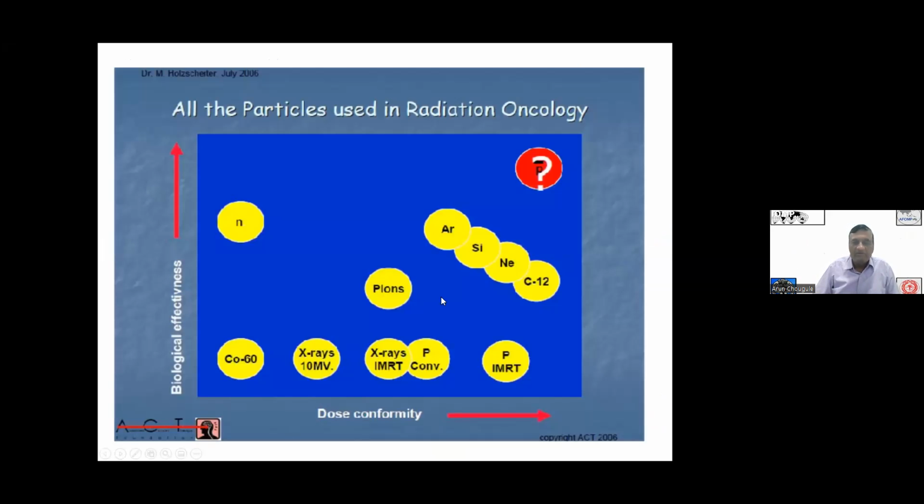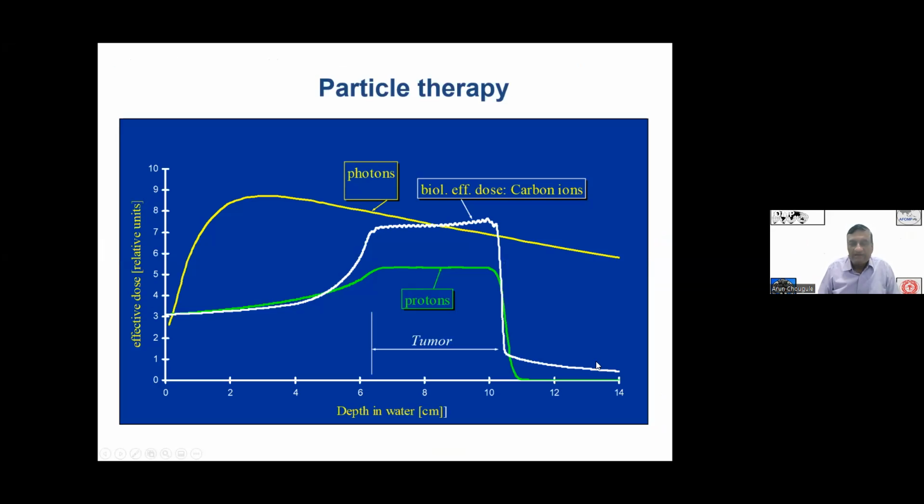And here is a pictorial depiction of biological effectiveness and dose conformity. You can see that with these ions, carbon, neon, silicon, the dose conformity is much higher. At the same time, the biological effectiveness is much, much higher. So with less physical dose, you get better biology.